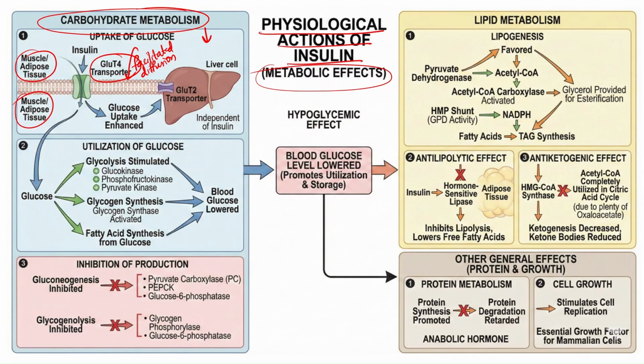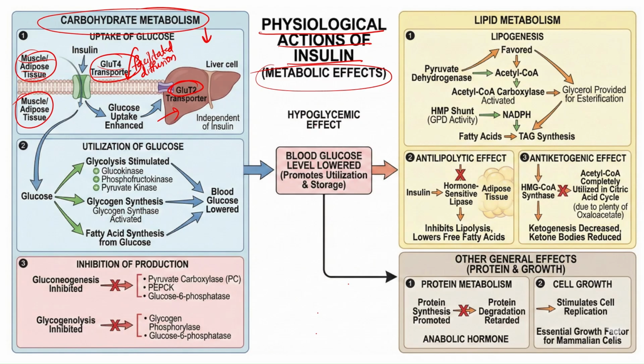In the case of diabetes, these GLUT4 transporters are usually reduced. But glucose entry into the liver through the GLUT2 transporter does not require insulin. Into the cells of muscles and adipose tissue, GLUT4 transporters need insulin, whereas into the liver cell via GLUT2, insulin is not needed.